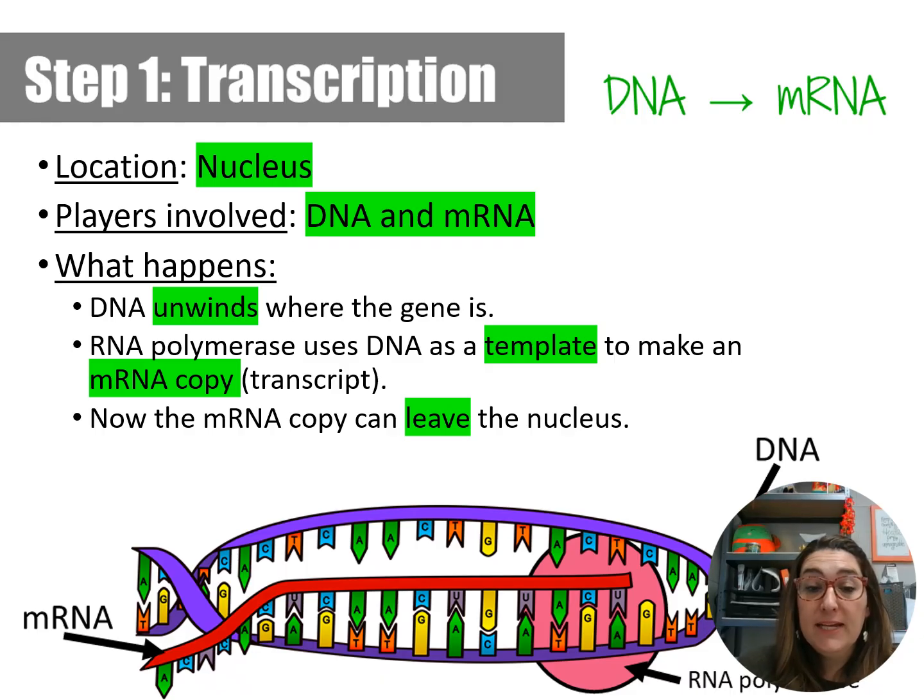And once a copy is made, that copy can leave the nucleus now, and it can go to the ribosome. Remember, RNA is only one strand, so it's nice and skinny, so it can fit out of the pore in the nucleus and make it to the ribosome. So DNA unwinds, the DNA is copied into RNA, and the RNA leaves the nucleus.